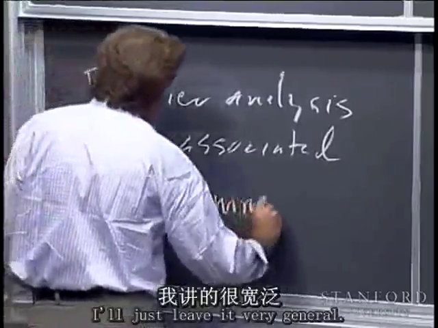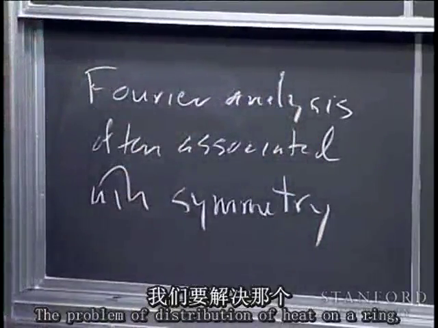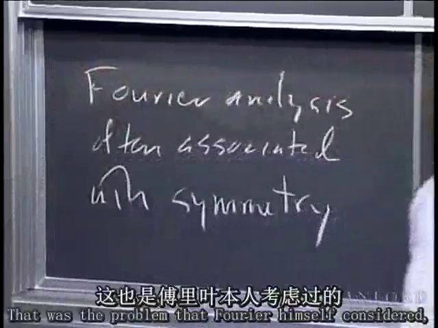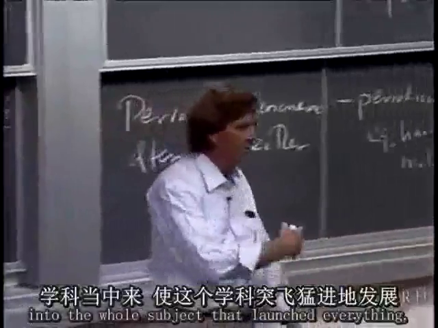I'll just leave it very general. This is the very first problem. The problem of distribution of heat on a ring, we're going to solve that problem. That was the problem that Fourier himself considered. All right, that introduced some of the methods into the whole subject, that launched everything.